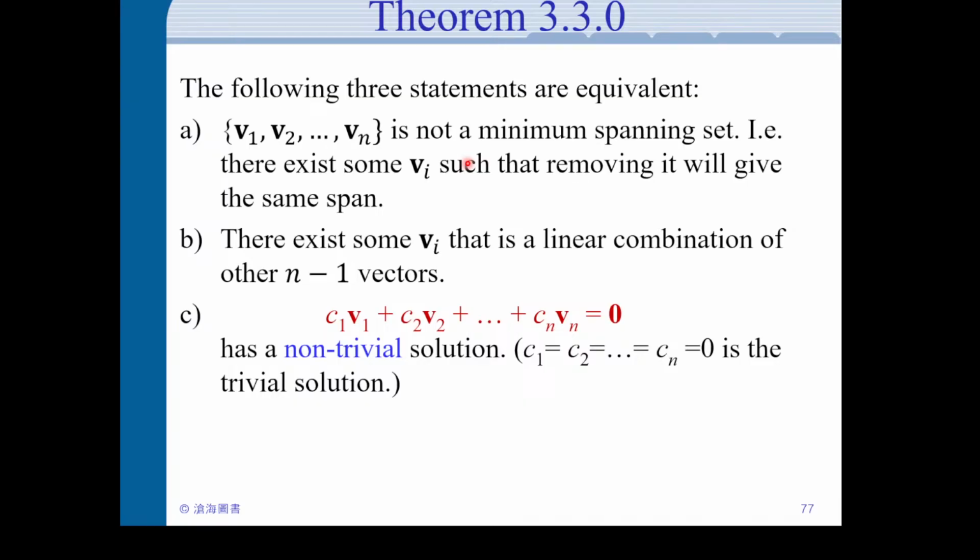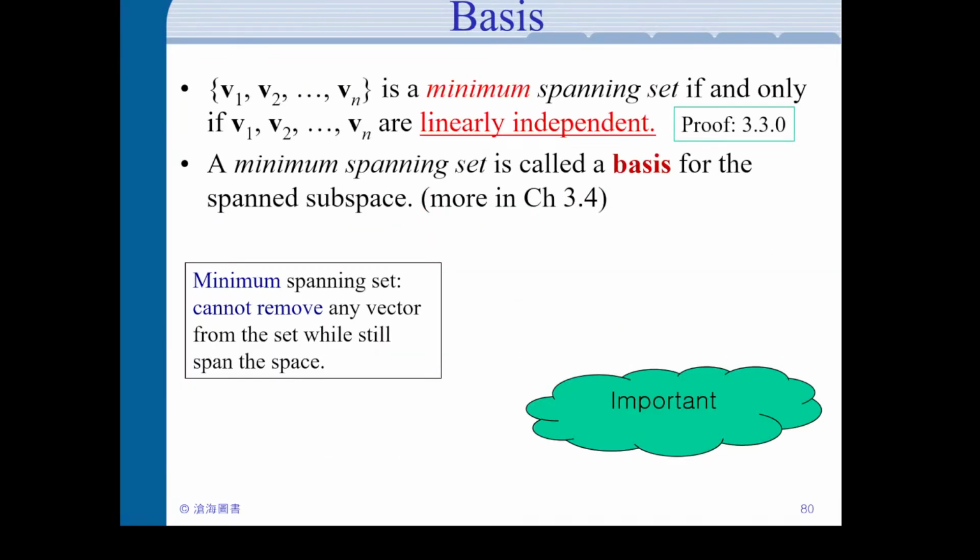So we go back and fulfill what we wanted at the start of this section. At the start of the section we wanted to say what's the condition for V1 to Vn to be a minimal spanning set, and now we see that it's a minimal spanning set if and only if it is linearly independent.